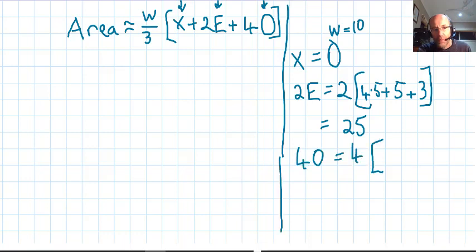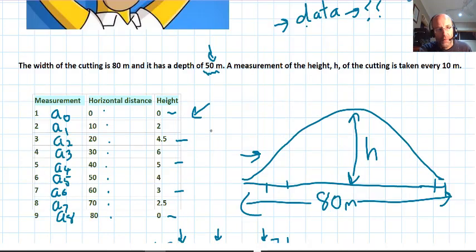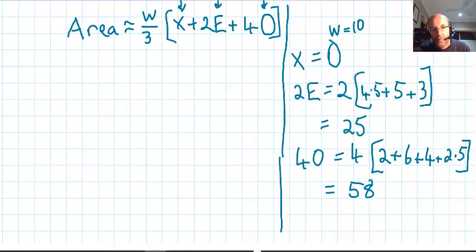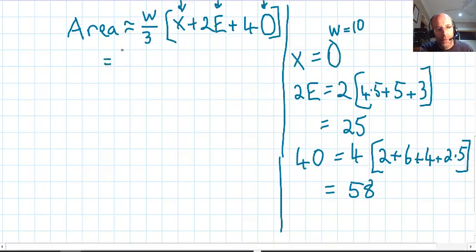Okay, let's do 4 times the odds. The odds are 2, 6, 4, and 2.5. And we get 58 for 4 times the odd. Now we're ready to sub that into our formula for Simpson's rule. So we've got 10 on 3 outside of 0, which I won't write, 25 plus 58.